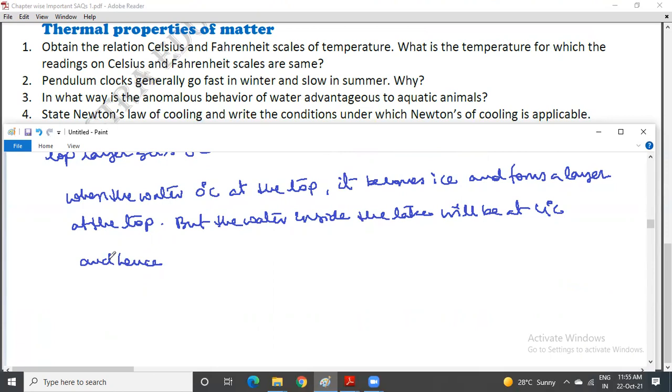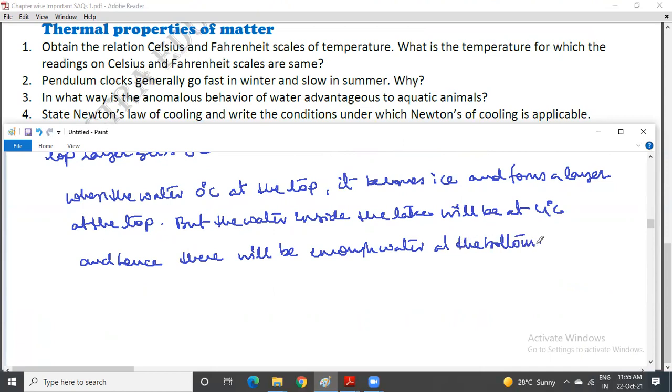And hence there will be enough water at the bottom of the lake.